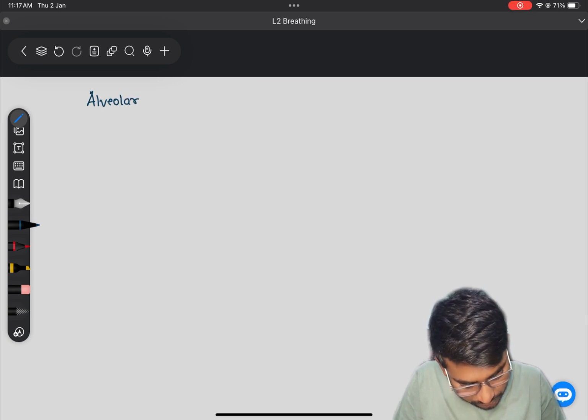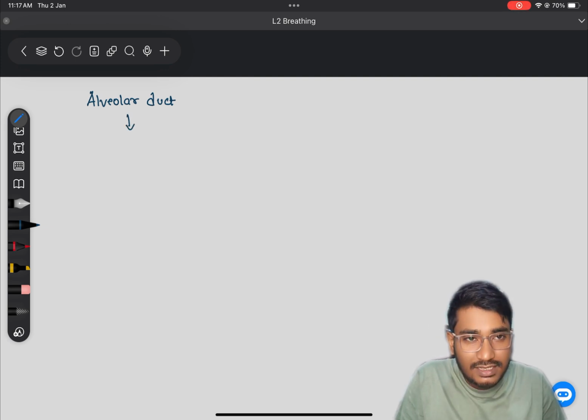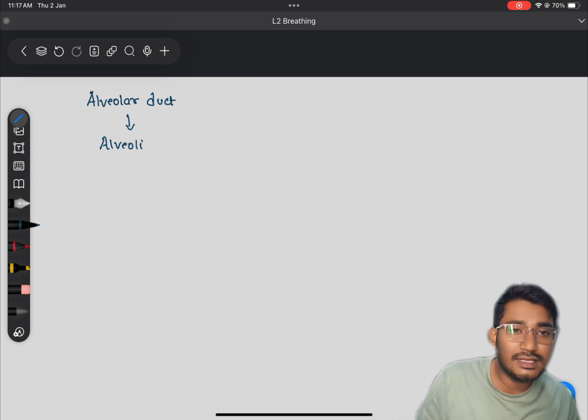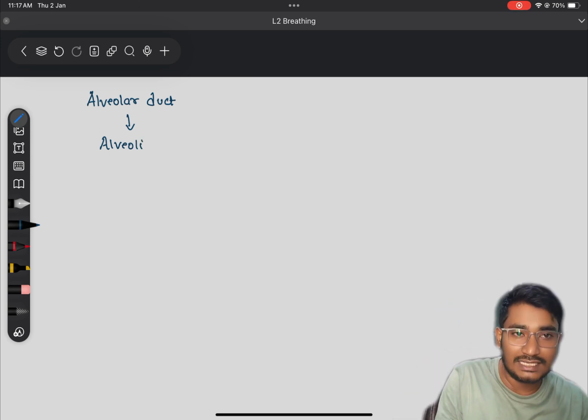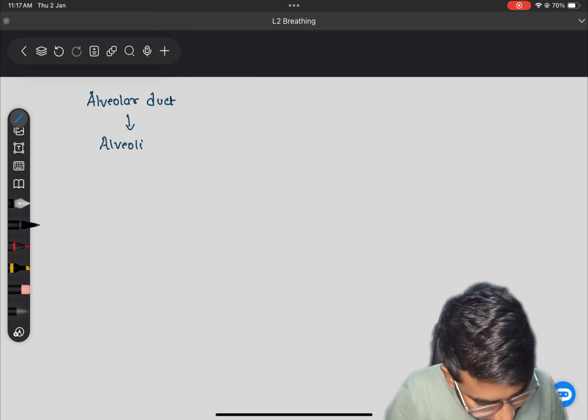Alveolar duct passes the air to the alveoli. Here, alveoli is the site of exchange of gases between the blood and the environment. Okay, alveoli.